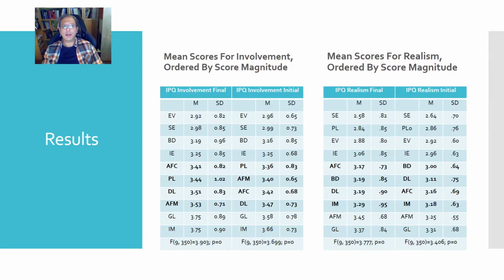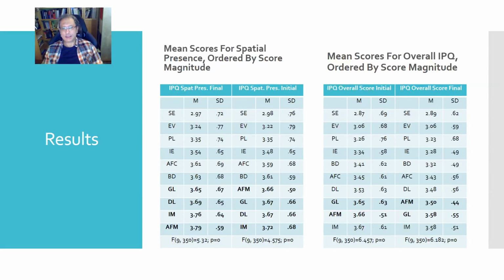However, although the first and last games, the lowest-scoring 4 games and the highest-scoring 2 games, are similar, there are some minor differences between those 4 games in terms of ranking. They are in a different order, both for involvement and realism, when the 11-item final version and the initial 14-item version were compared. And it is similar for the overall score too.